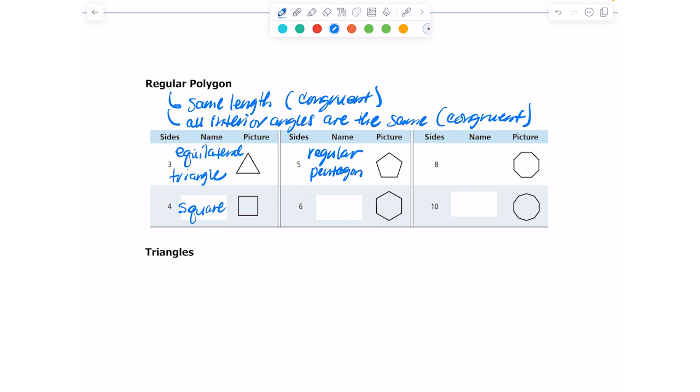A six-sided figure that has all equal sides and all equal angles, we call a regular hexagon. And then we have a regular octagon, which is 8 sides. Okay, stop signs are octagons. And then you've got a 10-sided figure, and this one is called a regular decagon.